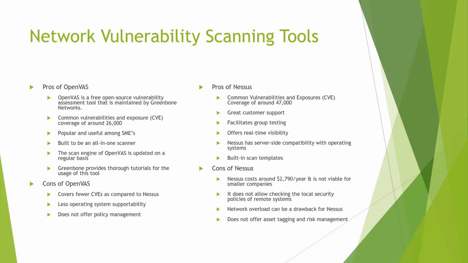So it really is just, do you have the budget, and are you thinking long-term about this? Because while Nessus is expensive, when you factor in man hours getting it configured, it actually is not the most expensive. With OpenVAS, the man hours to get it configured typically end up making it more expensive. So pros and cons for both.